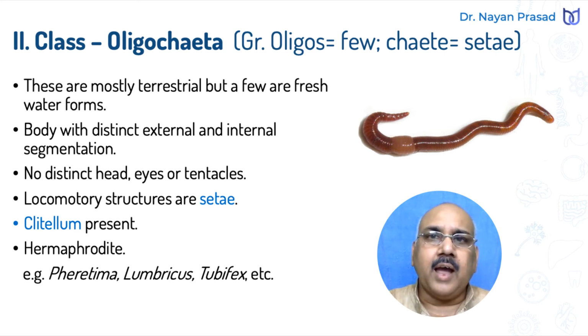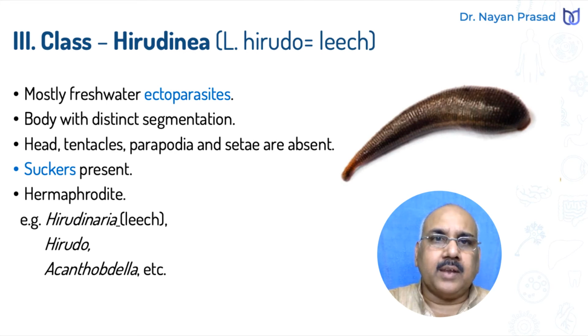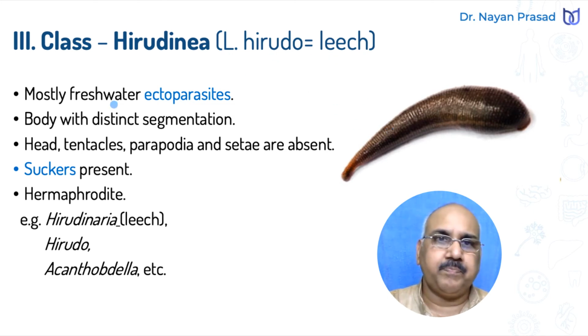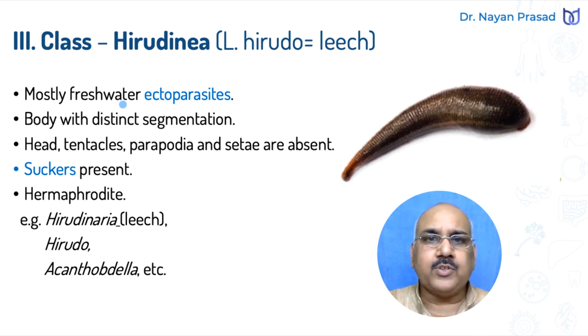Let us see another group. The class Hirudinea. In the Latin language, Hirudo means leech. So this is the group of leech-like creatures. They are mostly freshwater ectoparasites, parasitic organisms living outside the body of their host. In them, once again, we see body with distinct segmentation.